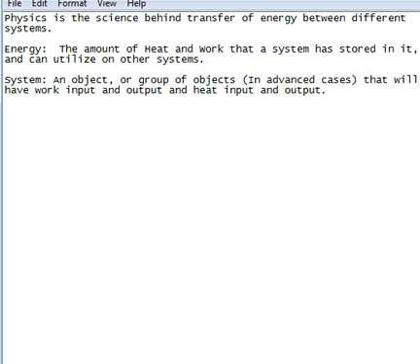So basically now you're looking at this, you're like, okay, I can understand this now. Physics is the science behind transfer of heat and work between different objects or groups of objects.